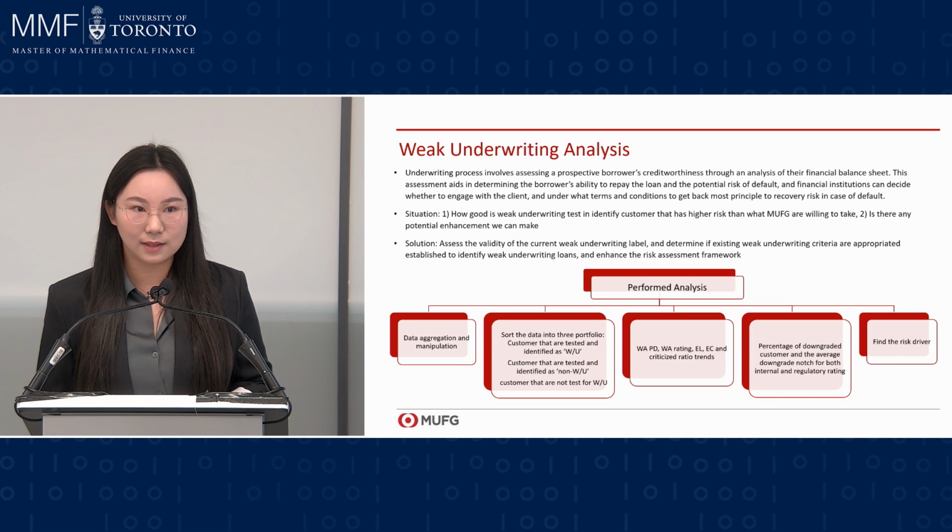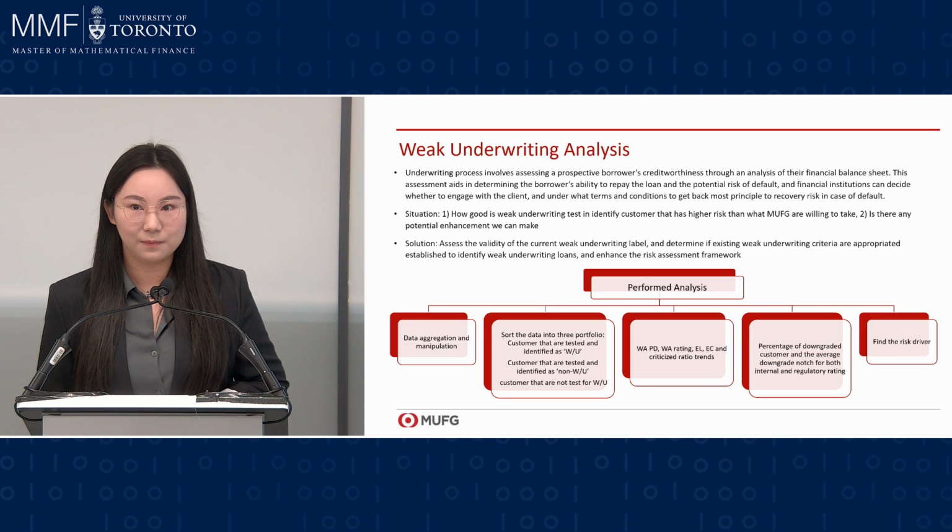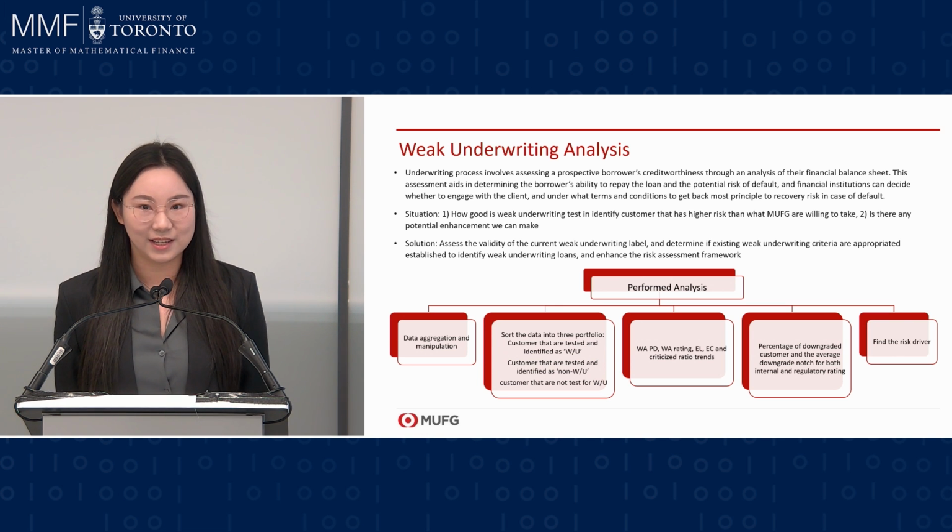So this analysis allows us to pinpoint the main risk drivers and provide insights on the enhancement of the underwriting process. Overall, my internship at MUFG was a valuable learning experience, and I appreciate everyone on my team. That's the end of my presentation. Thank you.